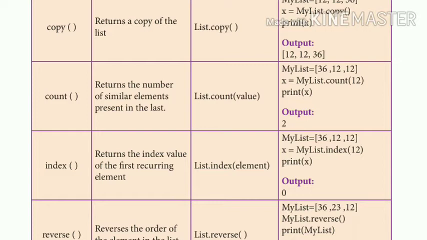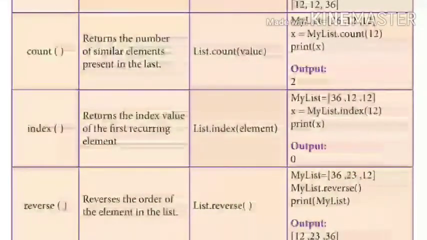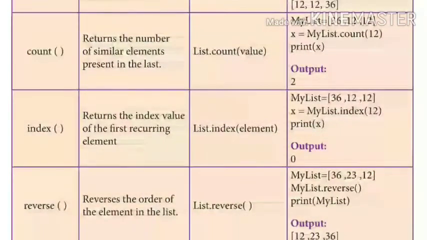Next is index. Index returns the index value of the first recurring element. So the syntax is list dot index of the element. Here my list contains 32, 36, 12 and another 12.